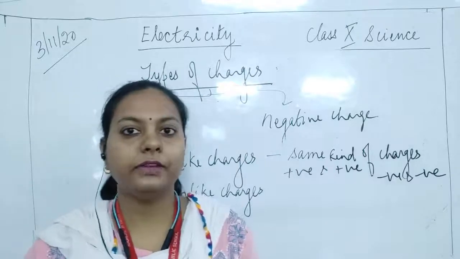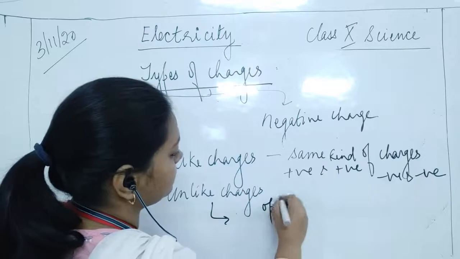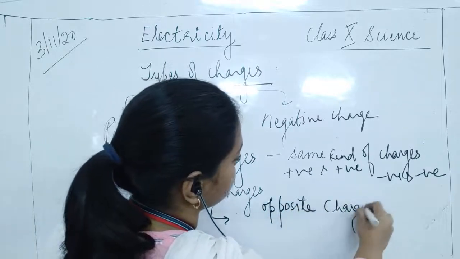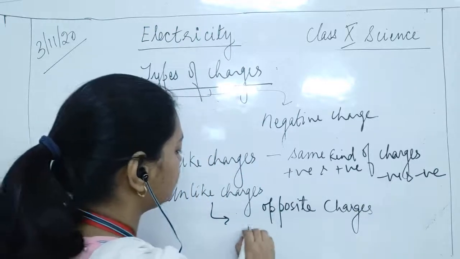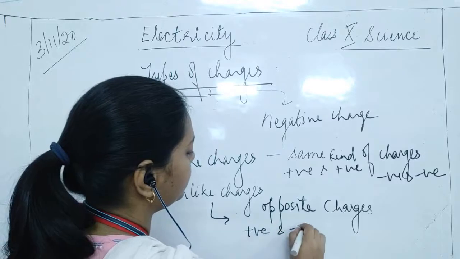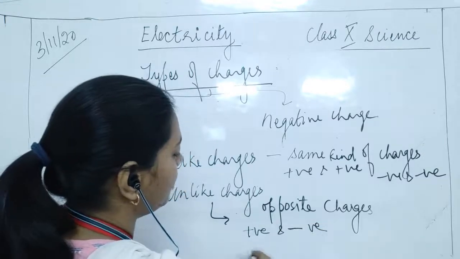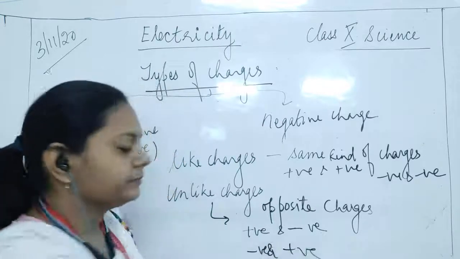Okay, and then if we talk about unlike charges, which means the opposite charges, what do you mean by opposite charges? It is positive and negative, or it could be negative and positive. Fine.